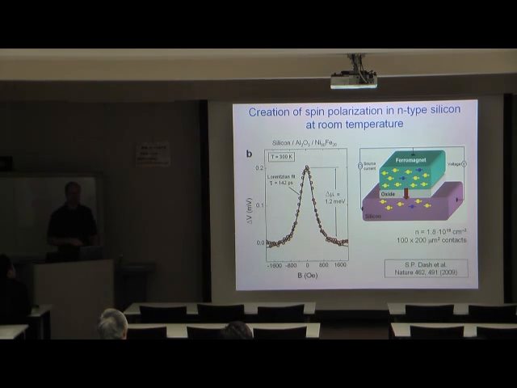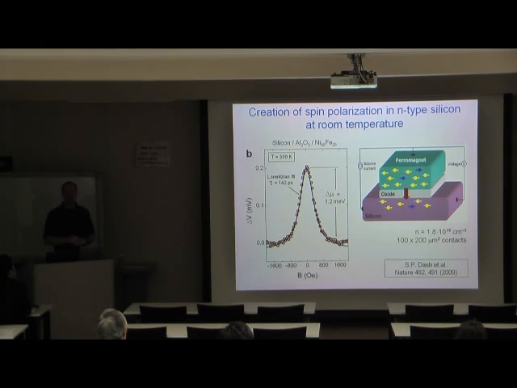And what that measurement does is it uses the same ferromagnet for injection of the spins as well as detection of the spins. So there's no lateral transport through the silicon in this case. It uses the same one ferromagnetic contact for injection as well as detection.